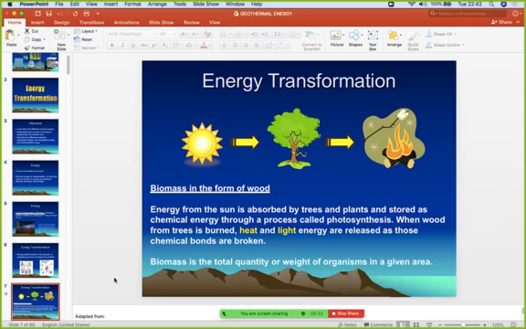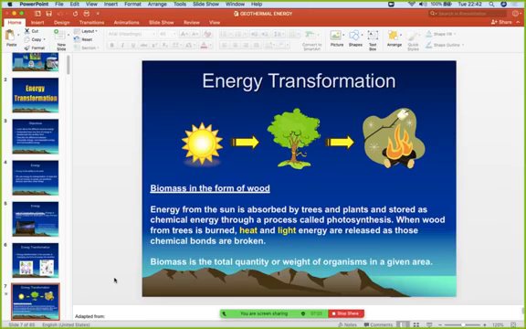So what is that heat? This is the heating value that we get from the burning of wood, and light energy, because it creates fire and gives off light. Heat and light energy are released as those chemical bonds are broken.